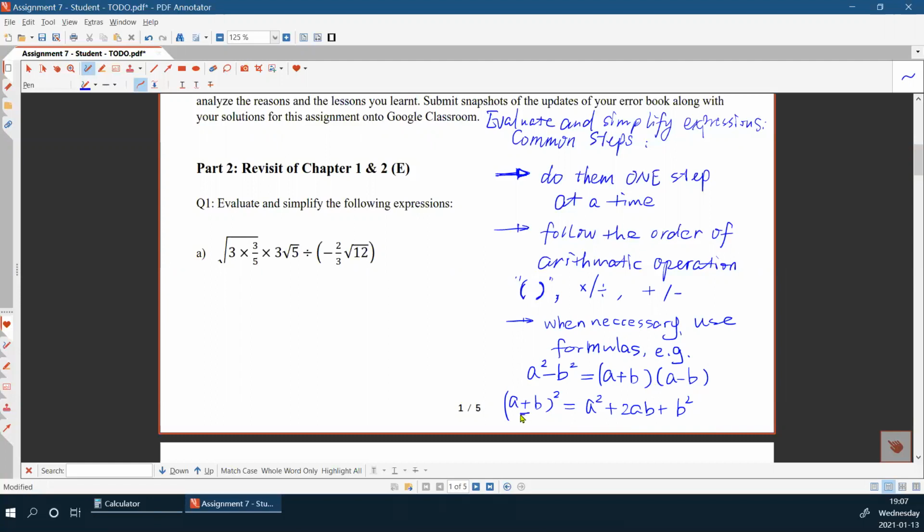So if we change this sign to minus, you have a minus sign here. So the third step is, when necessary, you can use formulas like this.